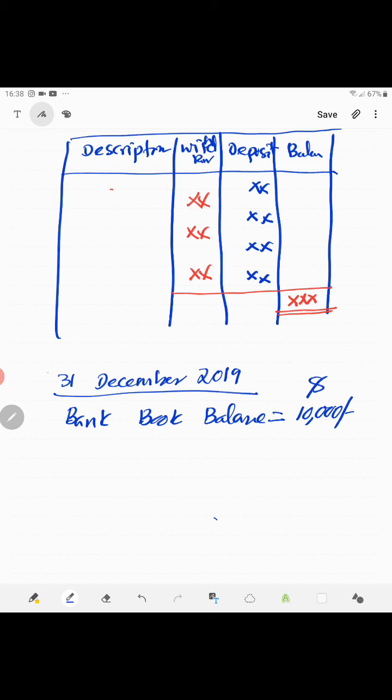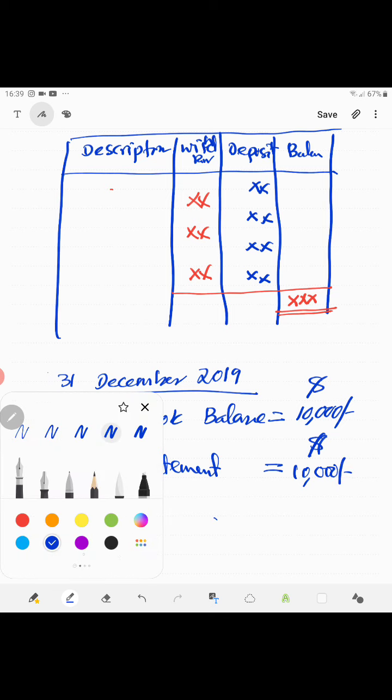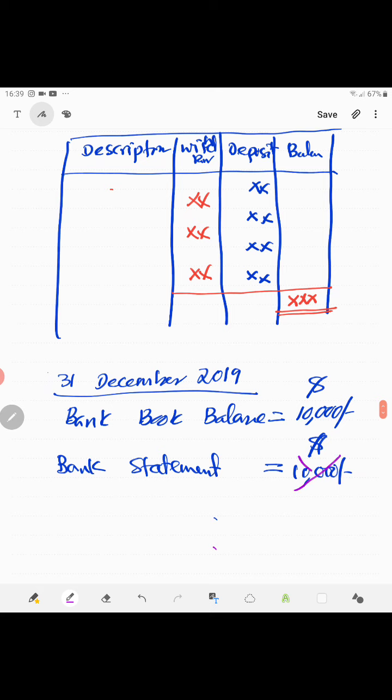Ideally the expectation is that if I check the bank statement, theoretically I must have $10,000. But in a practical sense, this will not be 10,000. It will be some other figure. It can be either 15,000 or even 5,000, in other words, a balance much different to the balance in the cash book or bank book.